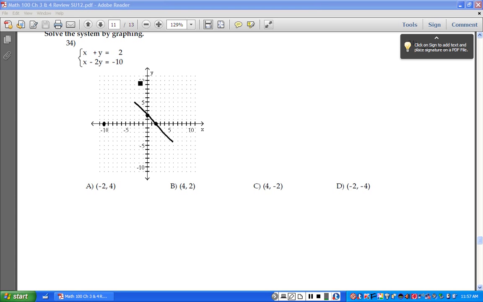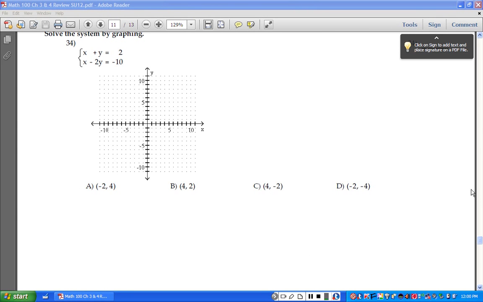And my y would be a positive 5, which would be here. And so if I graph those, I have a line that looks like that. Alright, so those two cross right here at this point, which ends up being -2, 4. So the solution to this system would be -2, 4. Okay, so that would be 34.